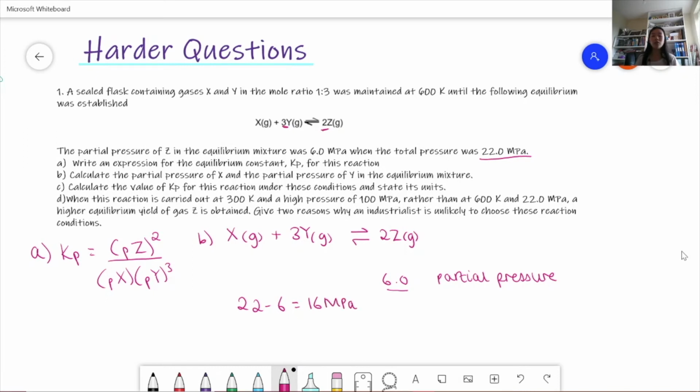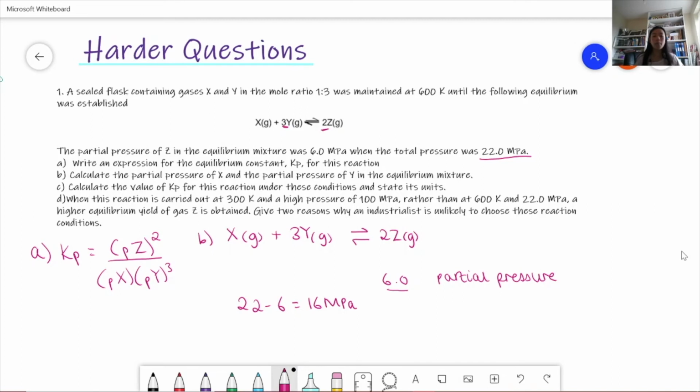And because we've already been given the ratio of 1 to 3, this ratio carries through the entire way, so from the initial, it carries through to the equilibrium moles, and then the mole fraction, and then eventually to the partial pressures. So that means that this 16 megapascals is actually shared between X and Y in a mole ratio of 1 to 3 as well.